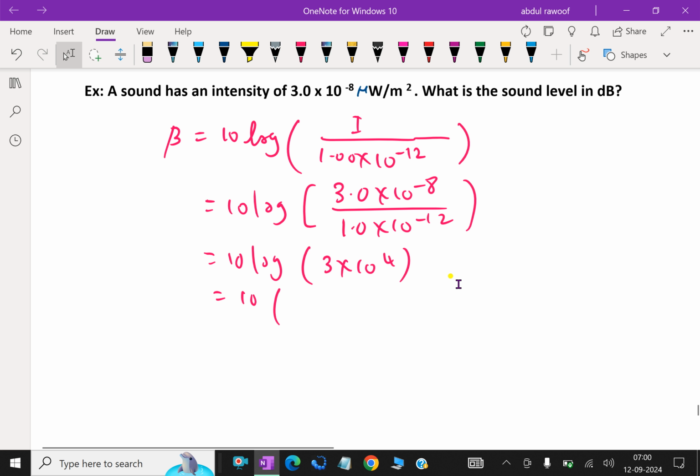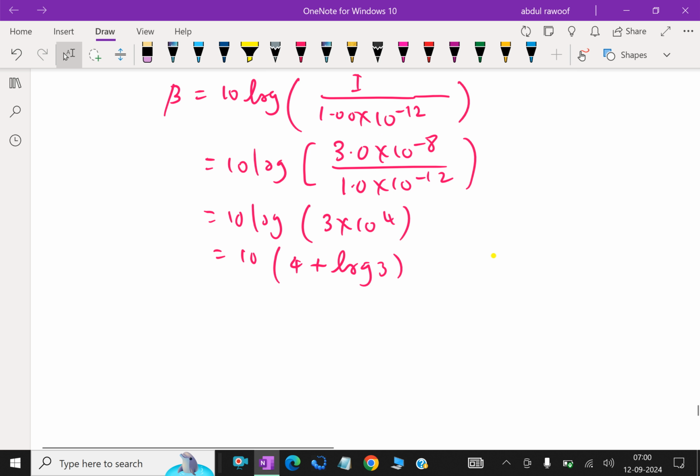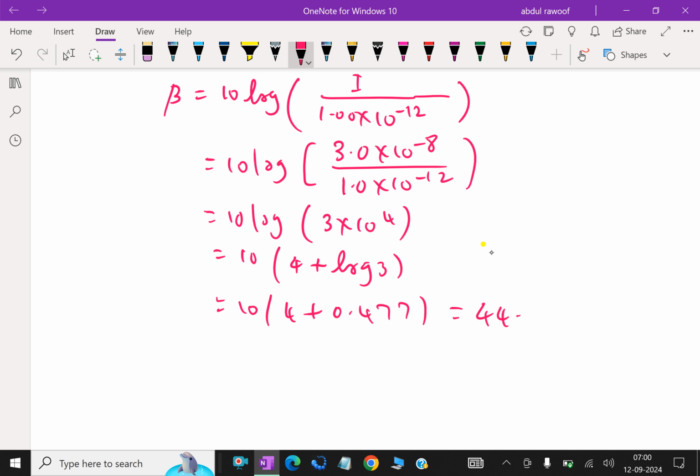That is 4 for the power plus log 3. Log 10 power 4 is 4, and log 3, which is equal to 10 into 4. Log 3 value is 0.477, which is approximately 44.8 decibel.